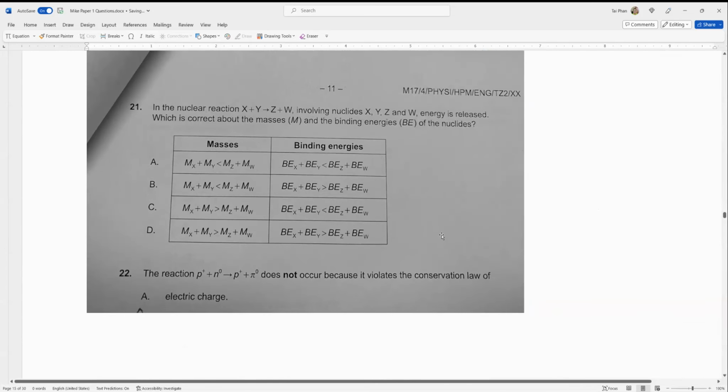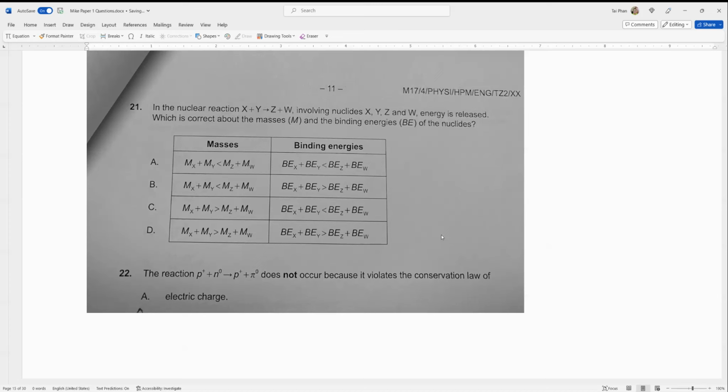The next one. A nuclear reaction X plus Y equals Z plus W, involving nuclei X, Y, Z, and W, with energy release. Which statements are correct about the masses and the binding energy of the nuclei?